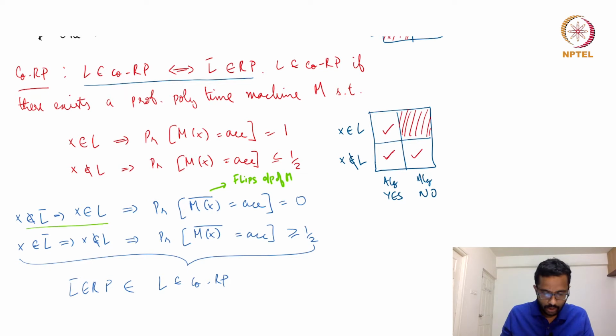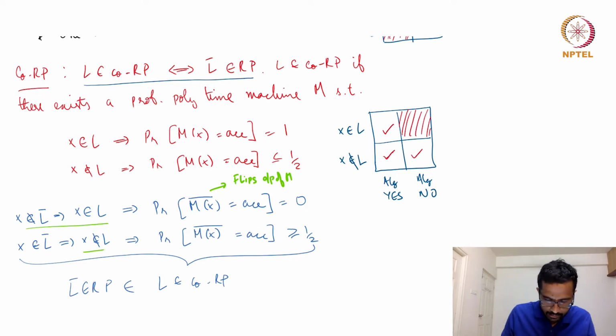And whenever X is not in the language, the probability of M bar accepting is at least half, because all the accepts become rejects and the rejects become accepts. The probability of M accepting was at most half, so the probability of M bar accepting is at least half.